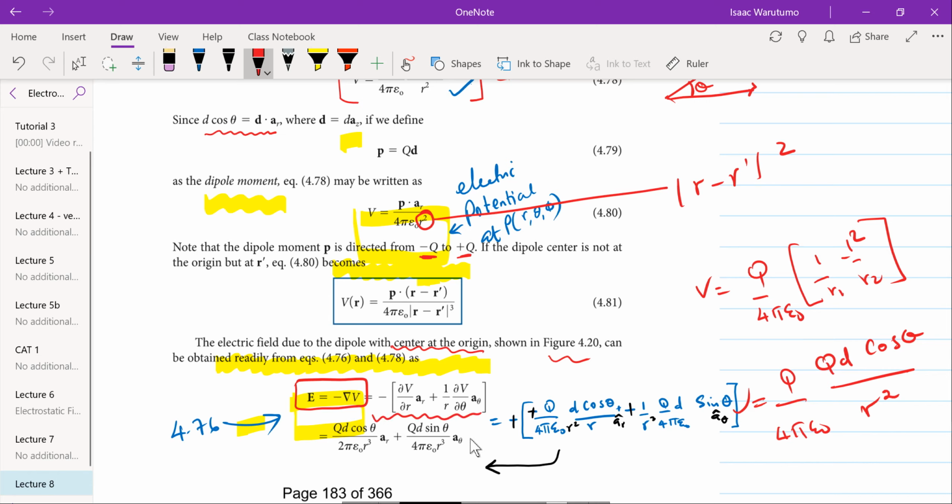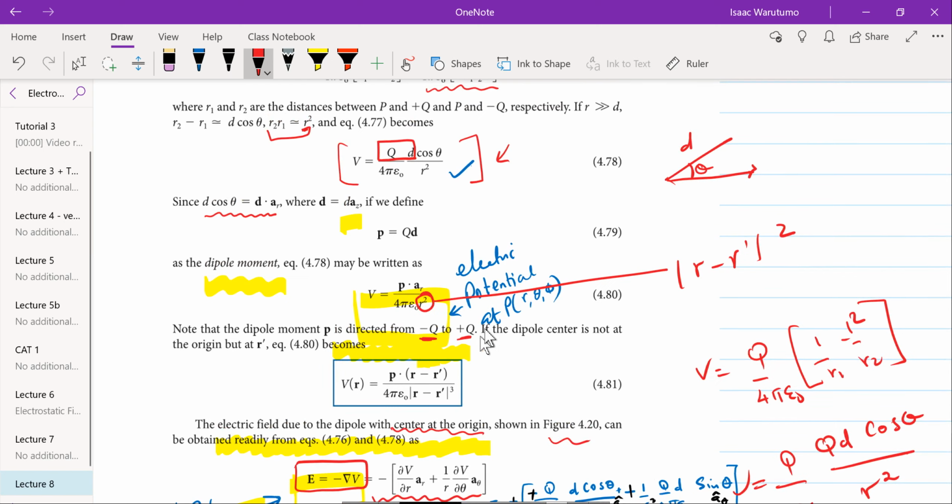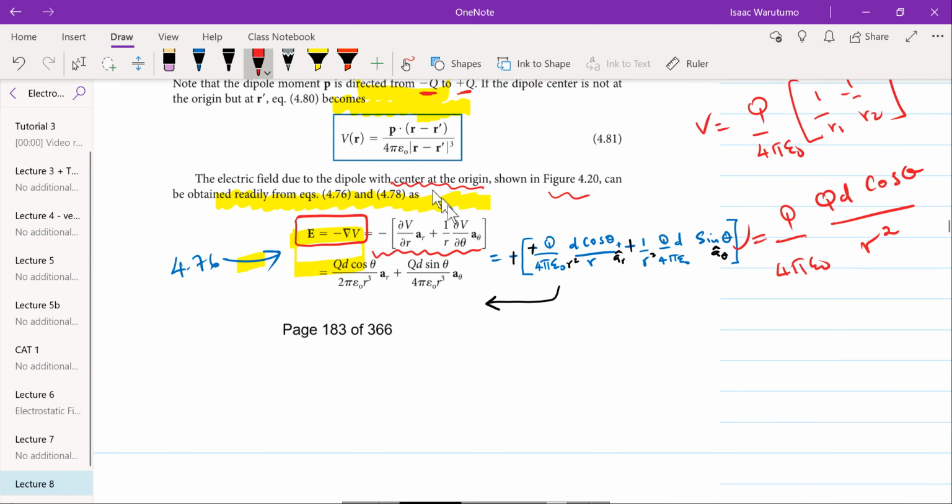What we can see clearly is that equation 478 is only a function of theta and R as far as the spherical coordinates are concerned. You can see that we do not have the factor phi anywhere. For that reason, we lose the phi factor, and that term goes to 0.